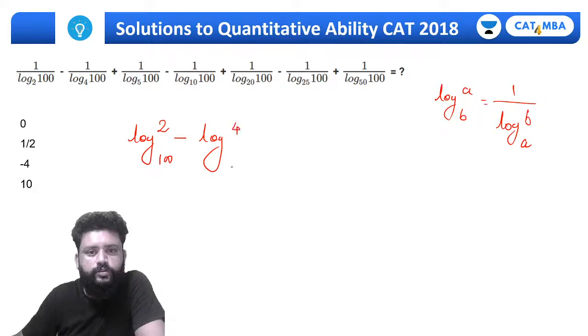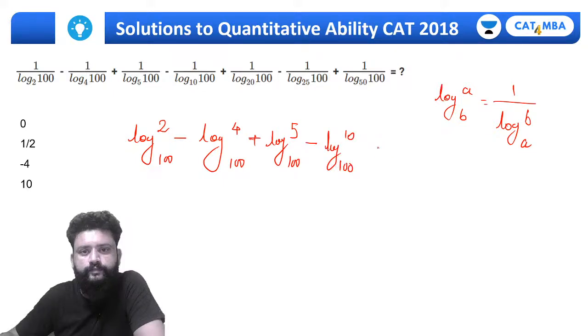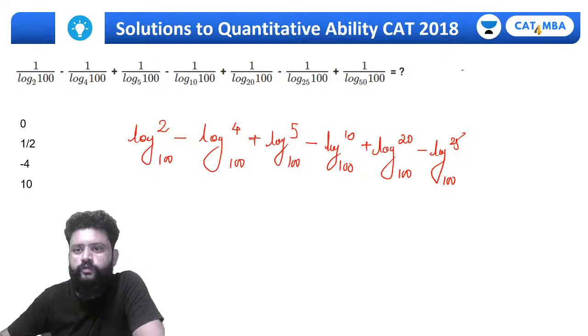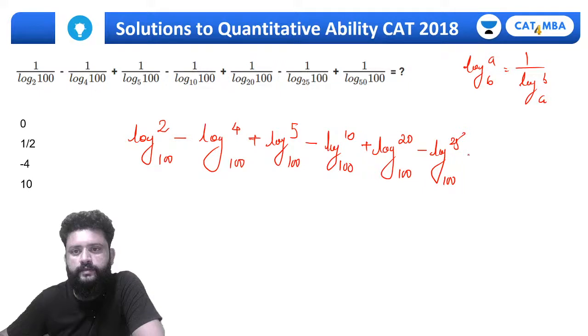minus log of, same thing is applicable for all of this. So log of 4 to the base 100 plus log of 5 to the base 100 minus log of 10 to the base 100 plus log of 20 to the base 100 minus log of 25 to the base 100, the last one, plus log of 50 to the base 100.